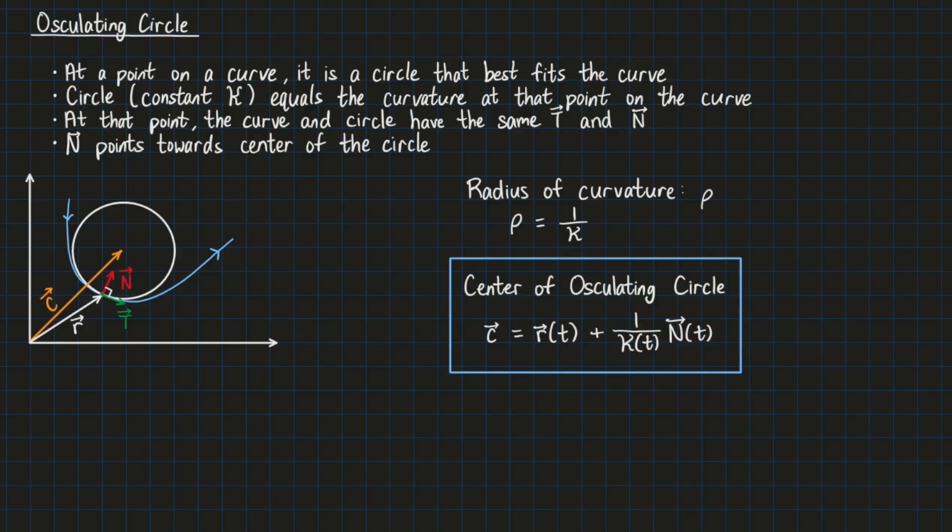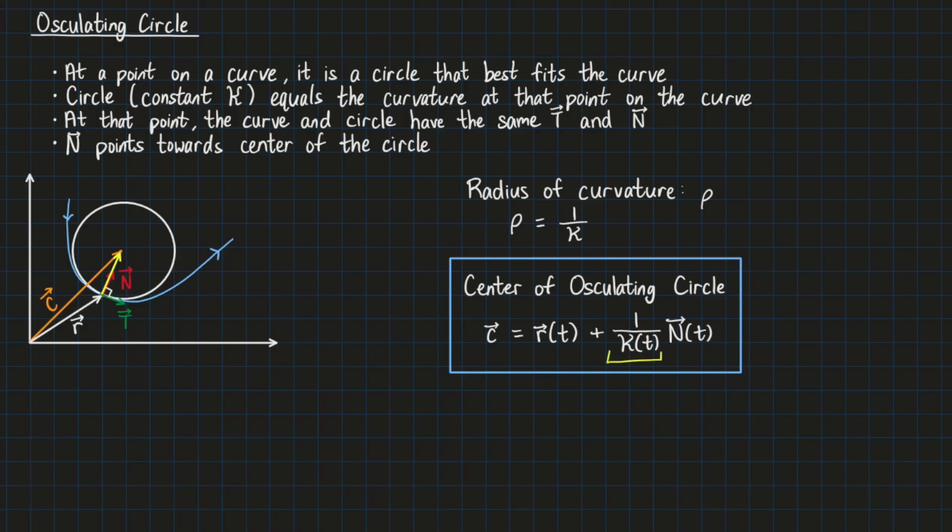Now from this point, we need a vector that goes along the direction of N to end at the center of the circle. The length we want this yellow vector to be is the radius of that circle, and that is rho, which is equal to 1 over kappa.